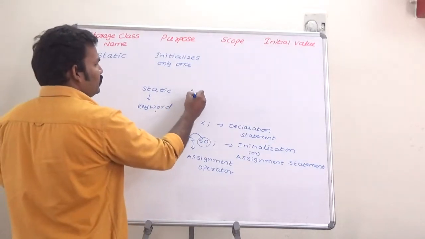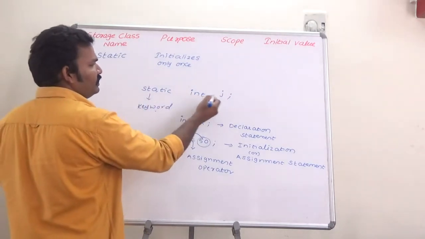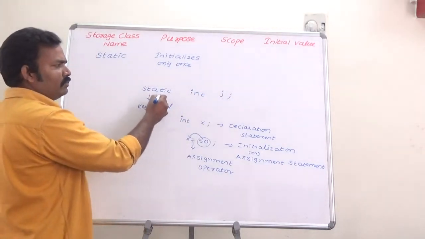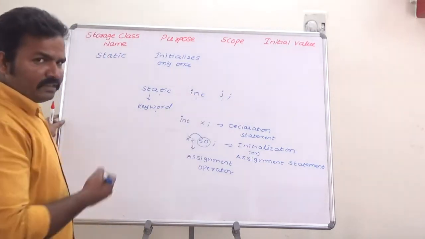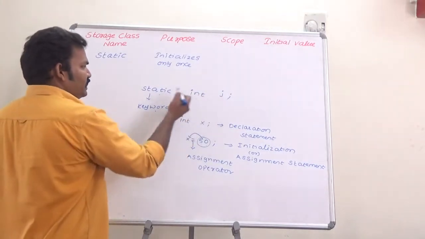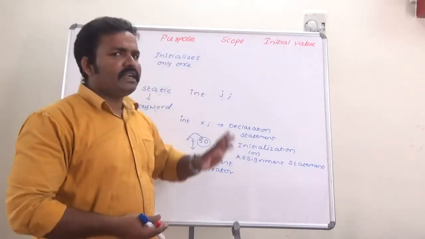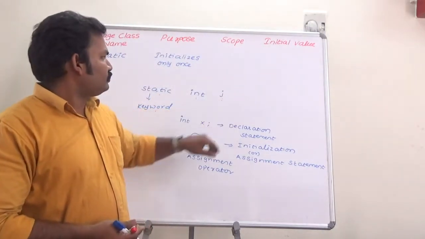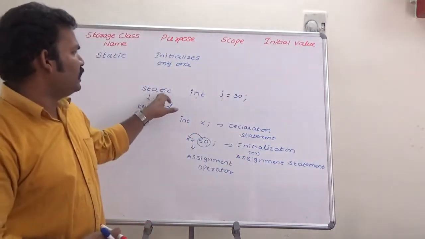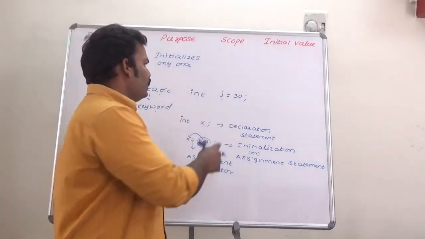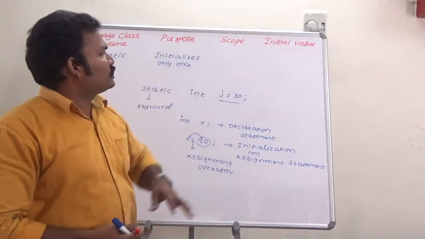For example, static int j. Static is the storage class name, int is the data type, and j is a variable. So here j is a static variable, and static variables are initialized only once in the program.